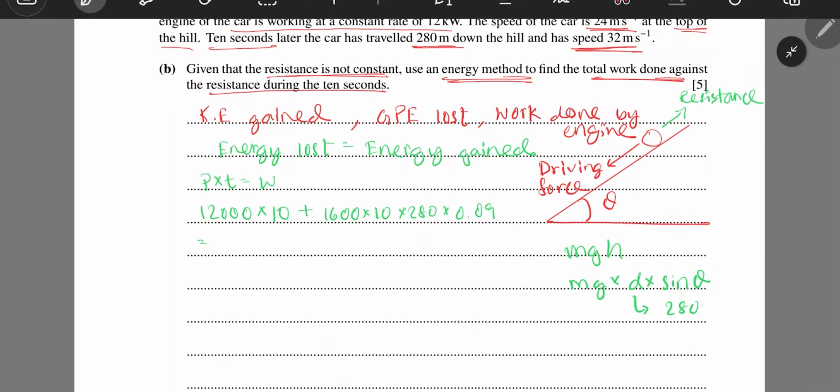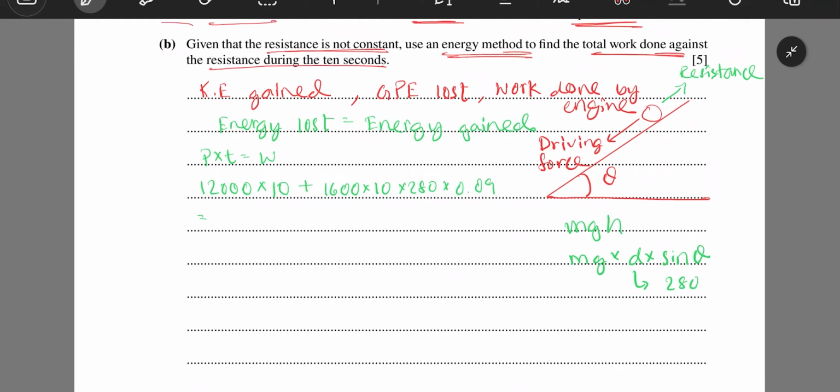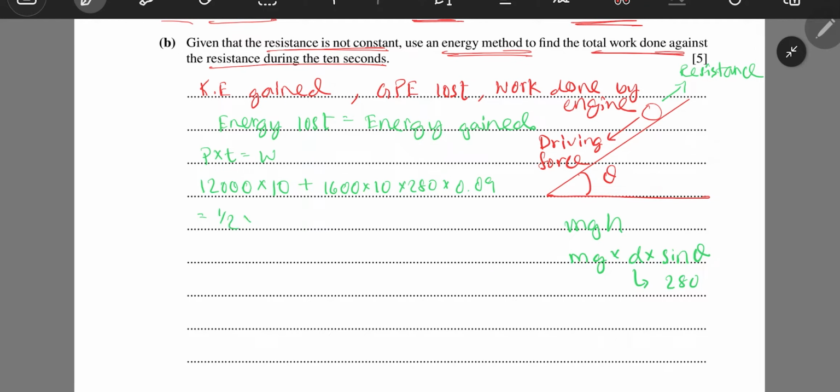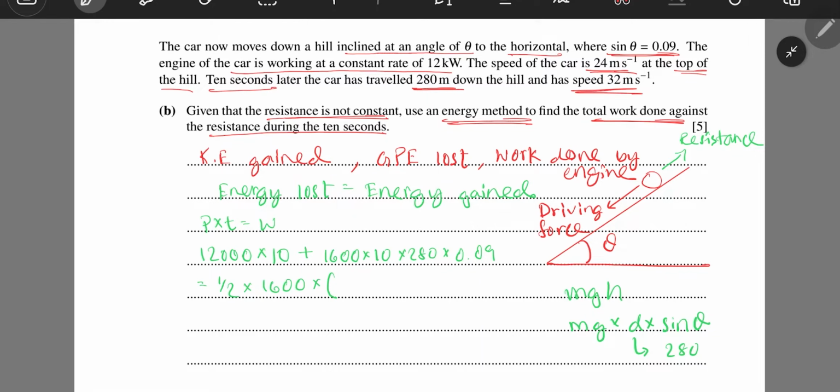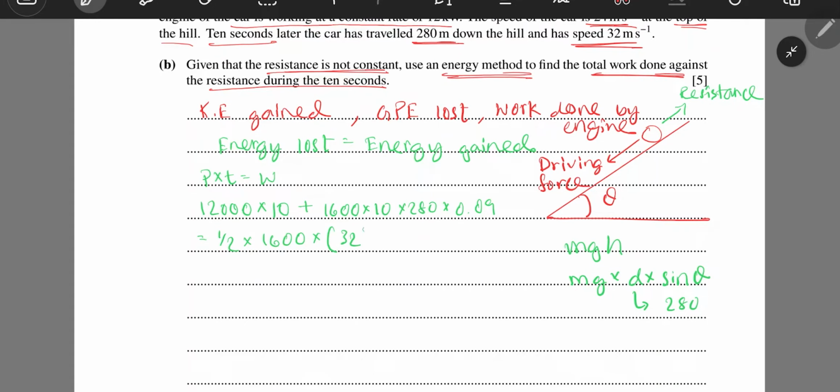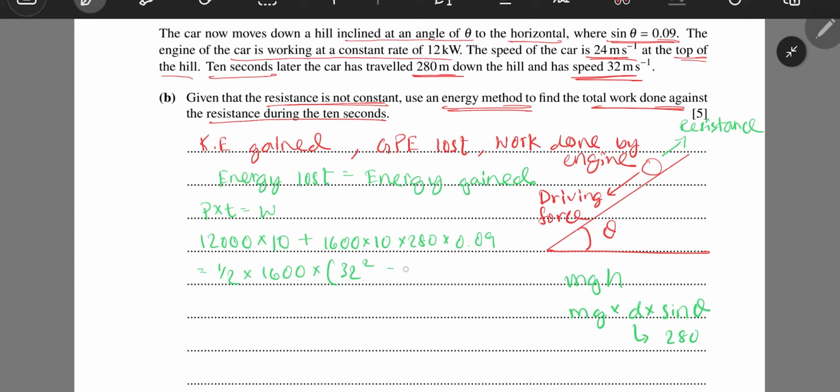So first the kinetic energy, half mv square. So half times m. Since it's kinetic energy gained, we will subtract the new velocity with the previous velocity. So 32 square minus 24 square. So this is the kinetic energy gained.